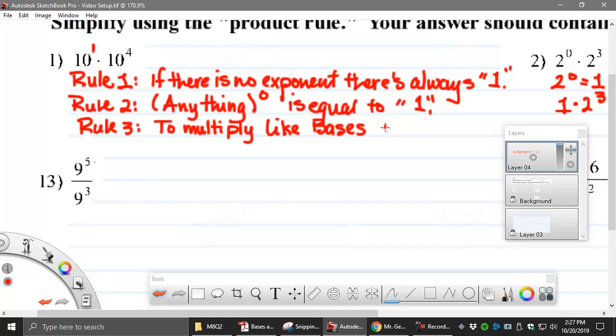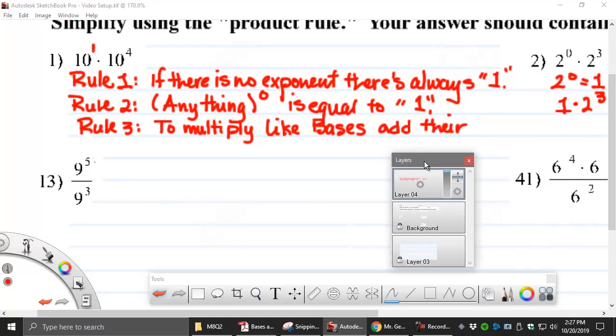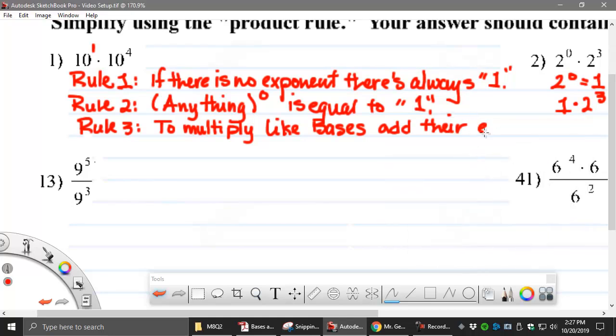So to multiply like bases, we just add their exponents. Those are the first major rules that we really have to talk about. We're going to do a couple of problems here, problems number 1 and number 2, and then we'll talk about some more rules.